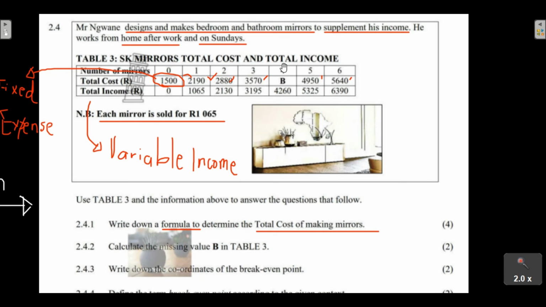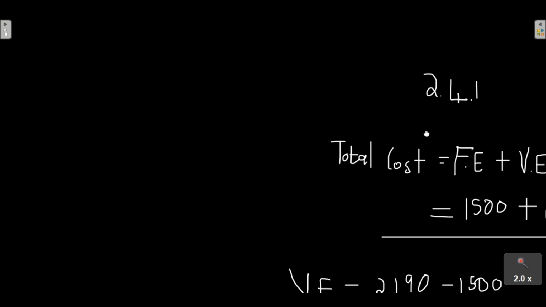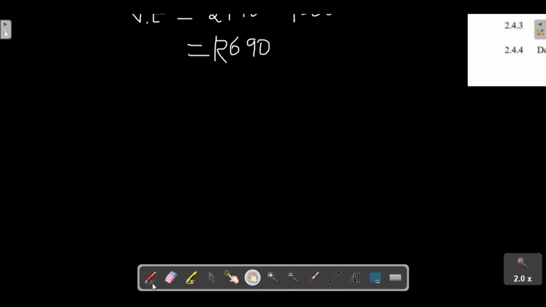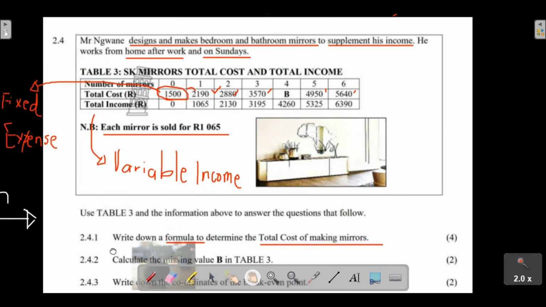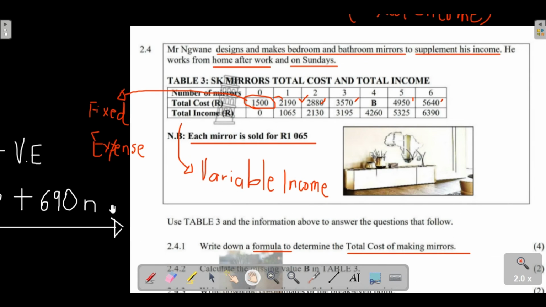We can just substitute 4, because this is the cost to make 4 mirrors. So for 2.4.2, we will take our formula and substitute 4 in the place of n.